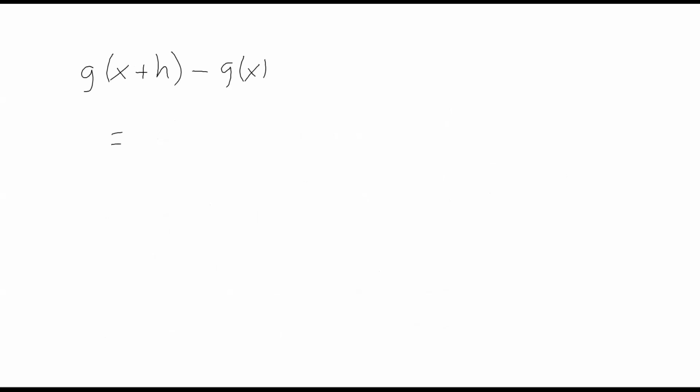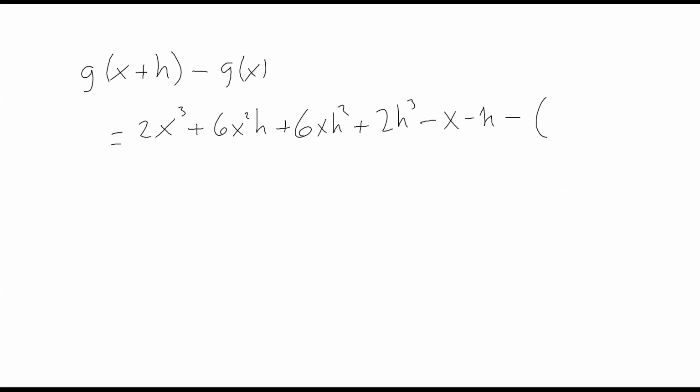That's equal to, so all the stuff I had just written out here was 2x cubed plus 6x squared h plus 6xh squared plus 2h cubed minus x minus h. And then from that we would subtract g of x. Well, g of x was simply 2x cubed minus x.